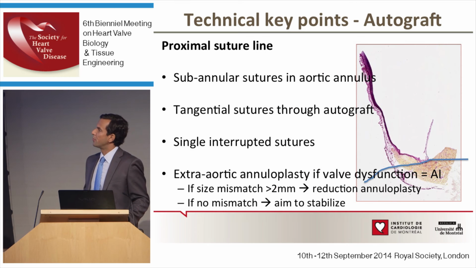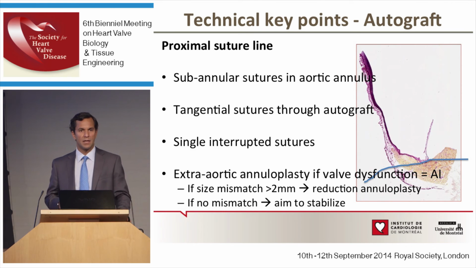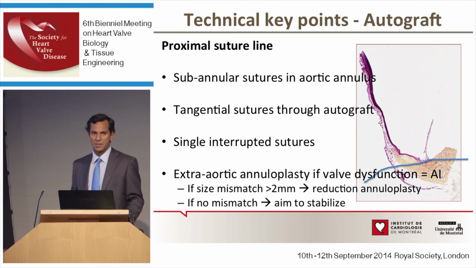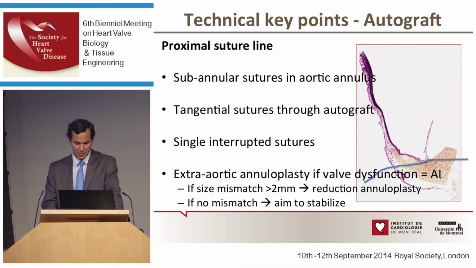Importantly, the pulmonary root has to be positioned in an intraannular or subannular position on the aortic side, and that can be done through very meticulous placement of the stitches both on the aortic side and the pulmonary side. On the aortic side, the stitches have to be put in a subannular position, or have to come out lower than the annulus.